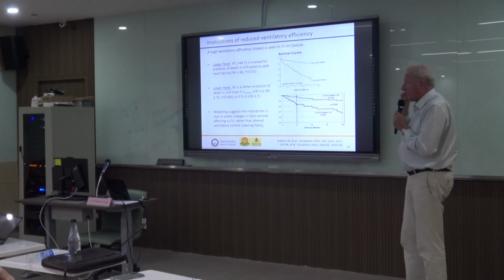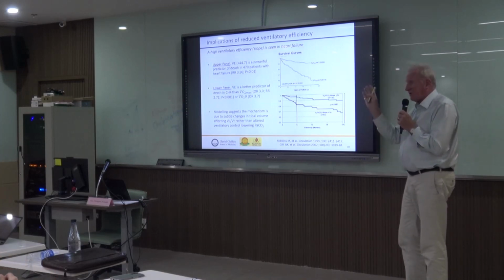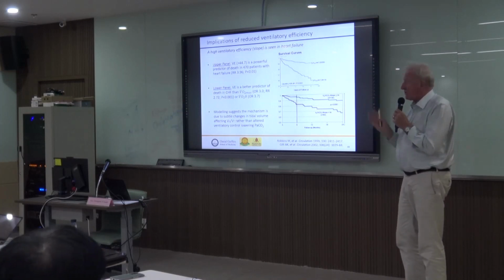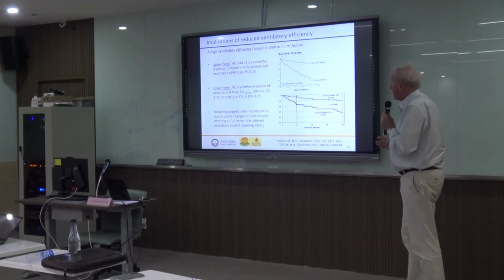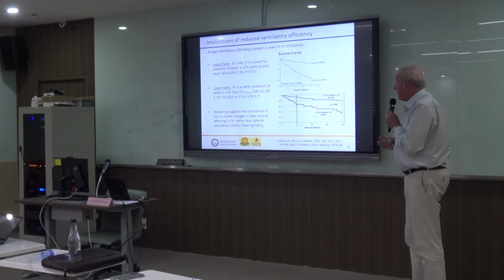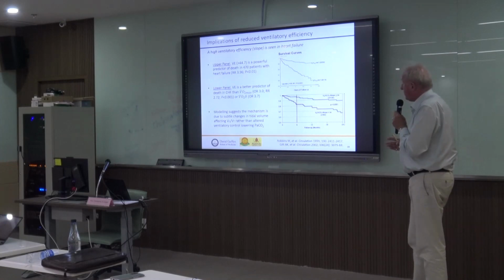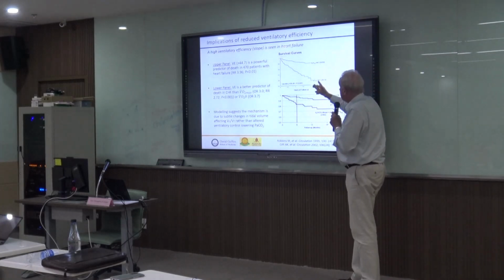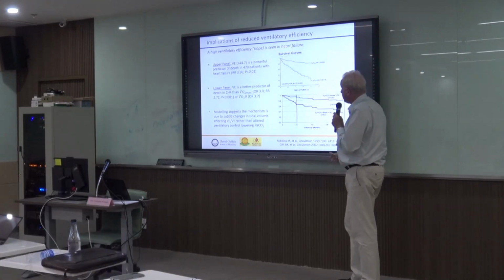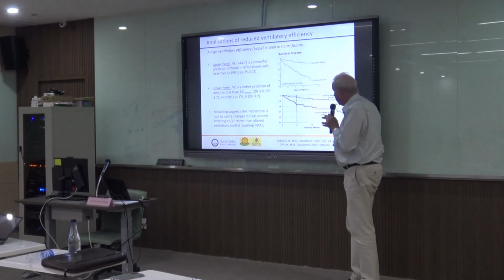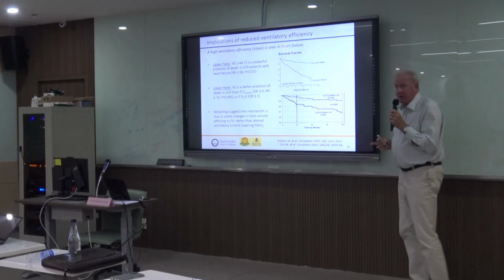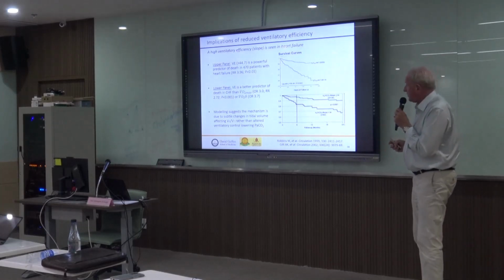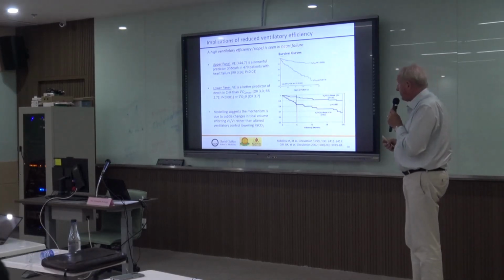Well, it turns out that ventilatory efficiency slope is higher in patients with heart failure. And it's a powerful predictor of death in patients with heart failure. As you can see, this upper plot, high or low VE/VCO2 slope is associated with different survival. And it's a better predictor of death than VO2 max even in patients with heart failure.